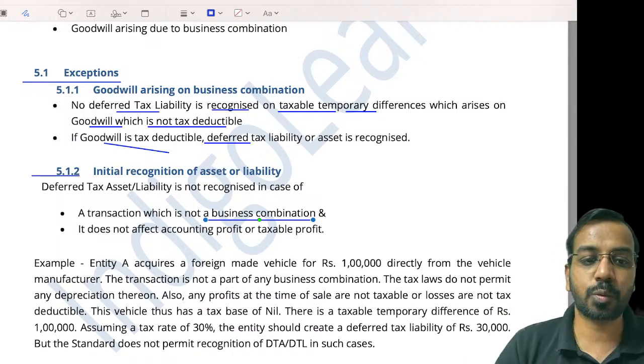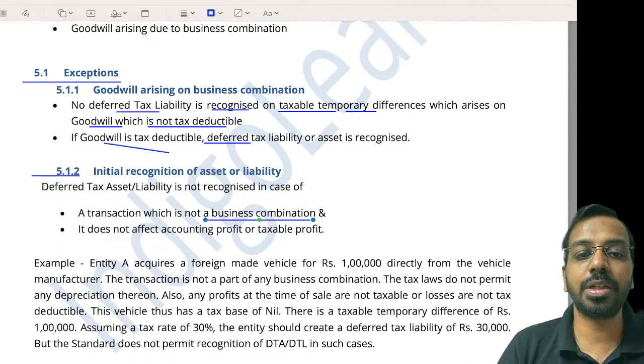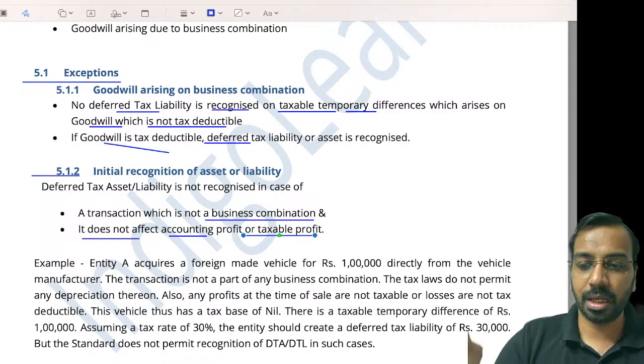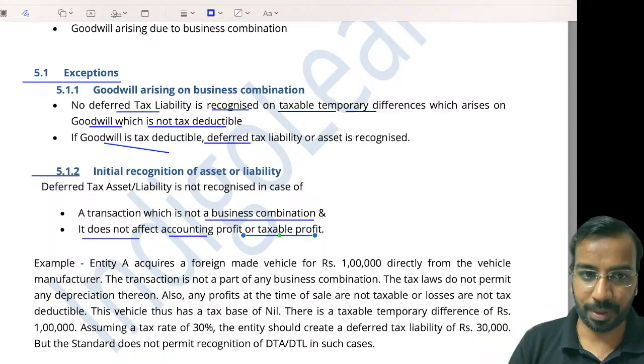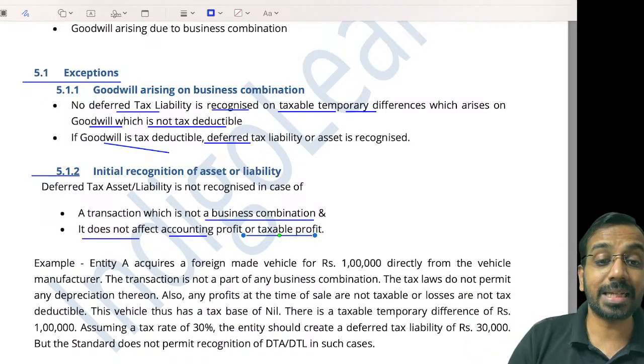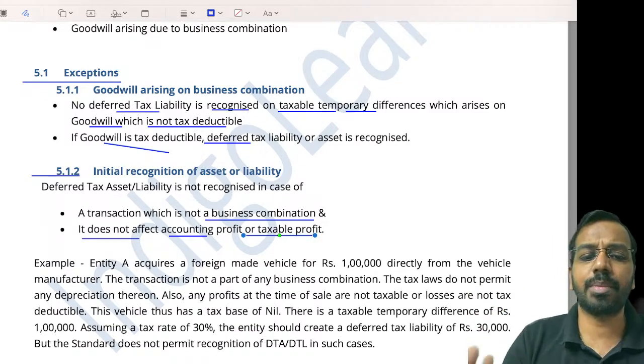So, in other cases where there is a transaction which is not a business combination, then the second condition is it does not affect accounting profit or taxable profit. So, you have acquired an asset or a liability in a transaction which is not a business combination, meaning to say maybe simply you have purchased it.